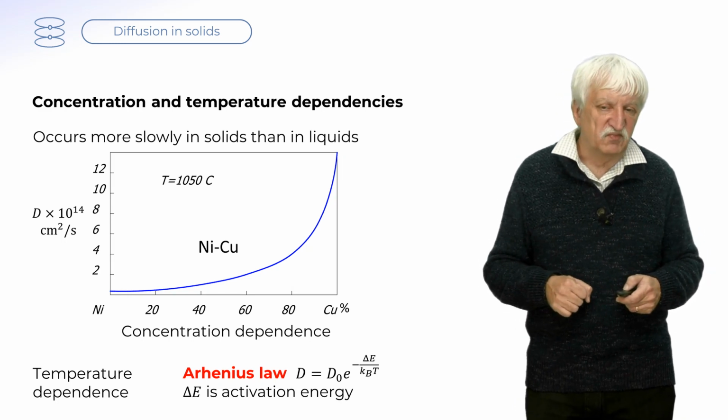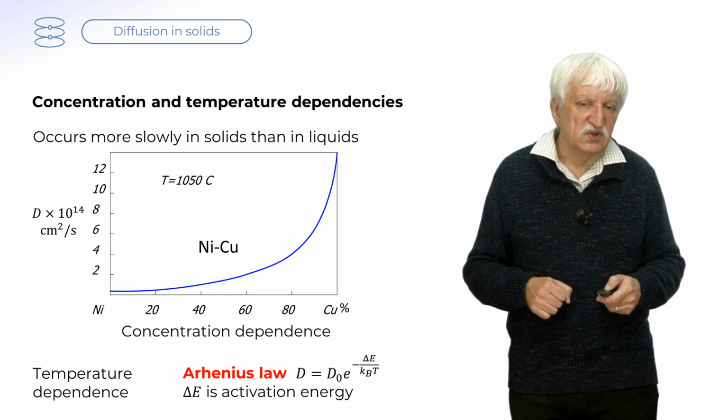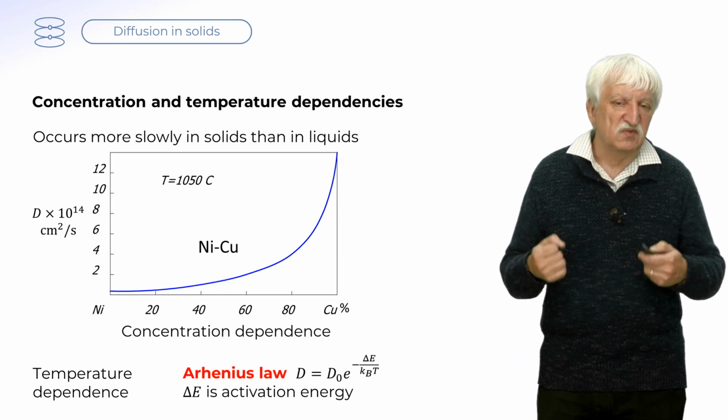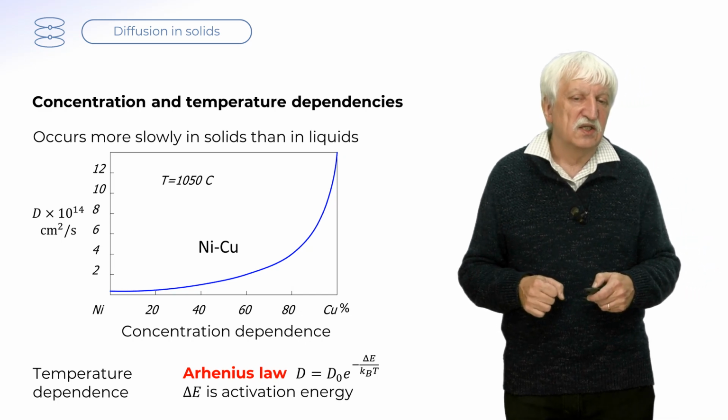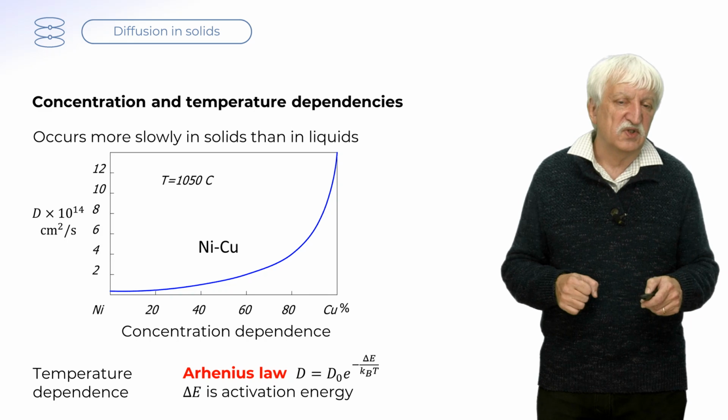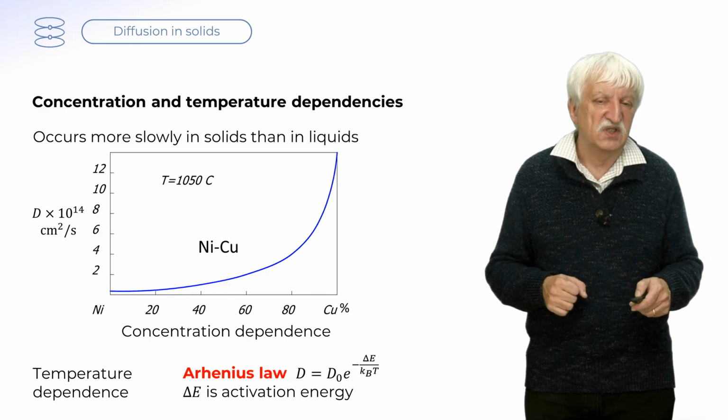About the temperature dependence of the diffusion coefficient, it is determined by the Arrhenius law. So the diffusion coefficient is proportional to the exponent of minus delta E over kBT.